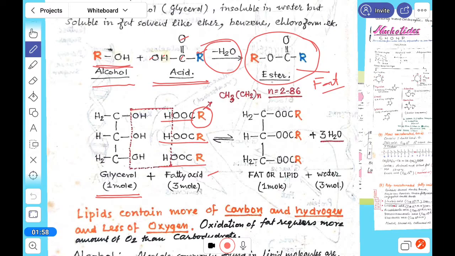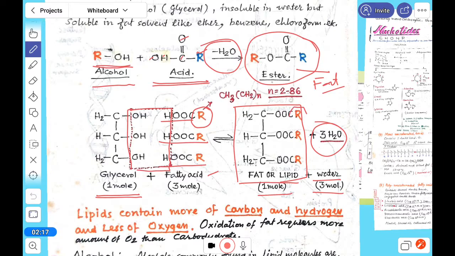So if the three molecules of water are removed, this is called the fat. This is actually the fat here, and three water molecules are there. So one molecule of fat, the structure is like that.